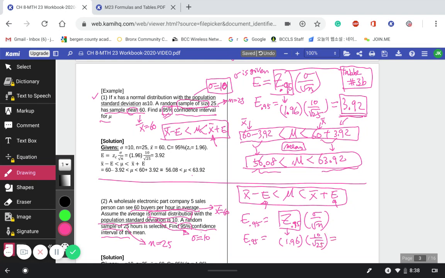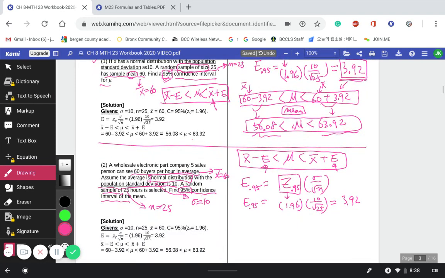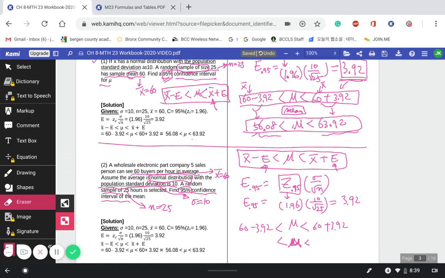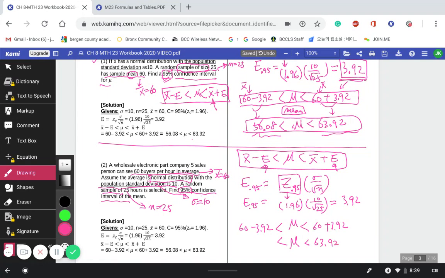When you use your calculator, you get 3.92. So now your estimation becomes 60 plus 3.92 and 60 minus 3.92. So the final estimation of mu would be 63.92 and 56.08.